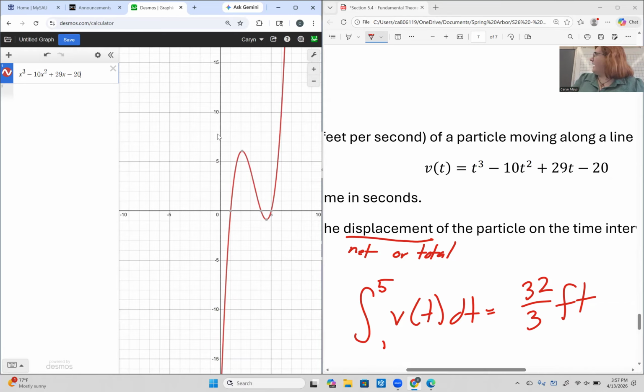If I found the absolute value of this, that flipped just that little 4 to 5 section. And so the integral from 1 to 4 would find that positive velocity section. And then the integral of the negative velocity would find the 4 to 5.